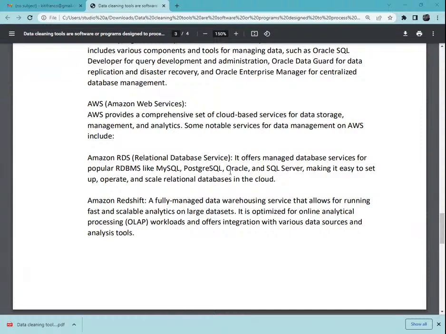I mean, this thing is a whole world. It's able to give support to all these other software, making it easy to set up, operate, and scale relational databases in the cloud. And then we have Redshift. I know Redshift, I've worked with it. The good thing with Redshift is it's known for real-time analytical processes. Real-time.